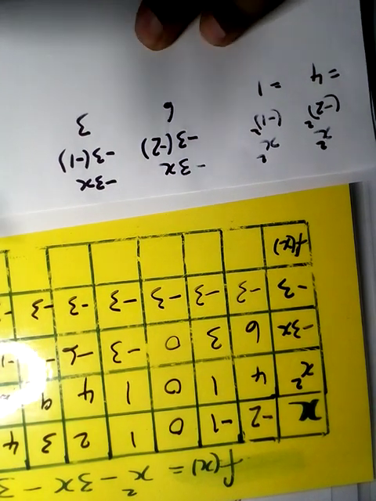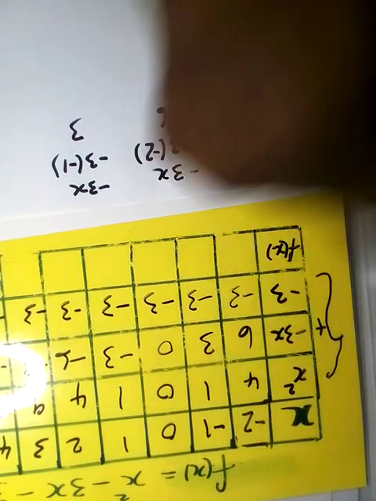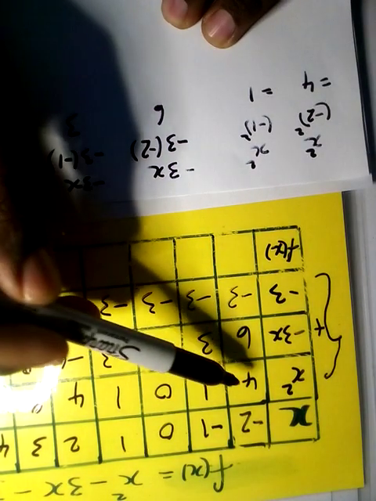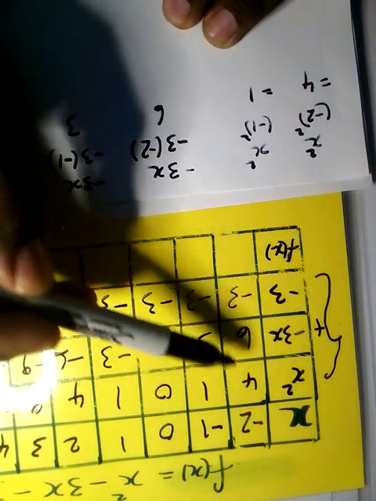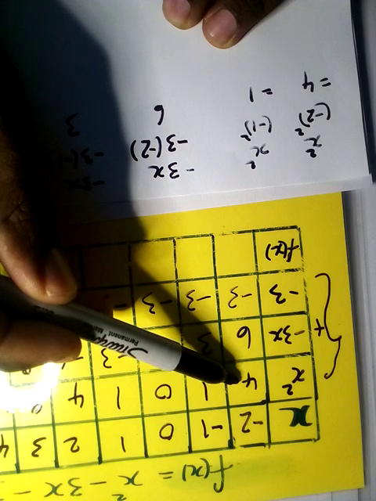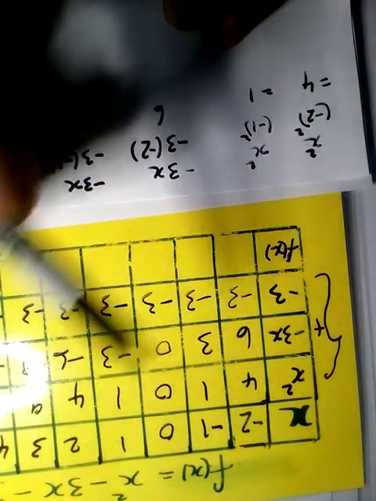The final stage is that we are going to add all these 3 columns. We're going to add these 3 values to get the y, f of x. So we had 4 plus 6, 10, plus negative 3, which will give us a result of 7.